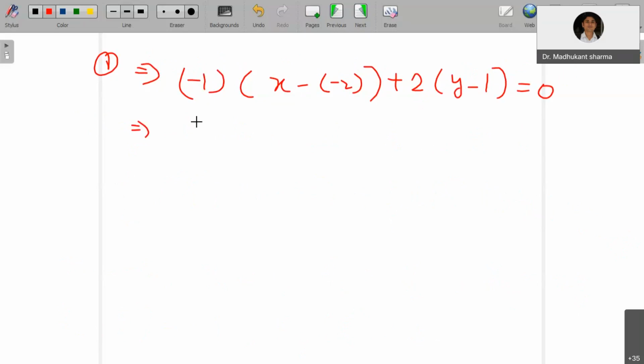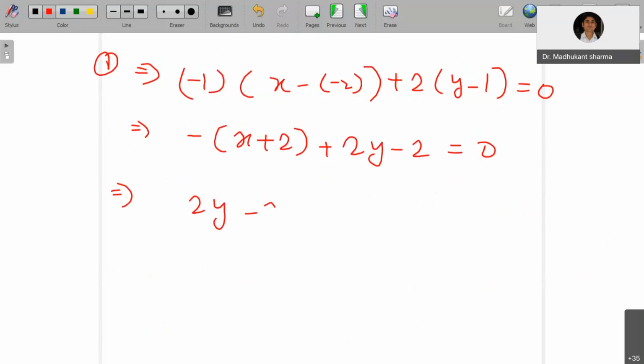Now you can write this equation: minus x plus 2 plus 2y minus 2 equals 0. This implies 2y minus x minus 4 equals 0. So this is the equation of the line.